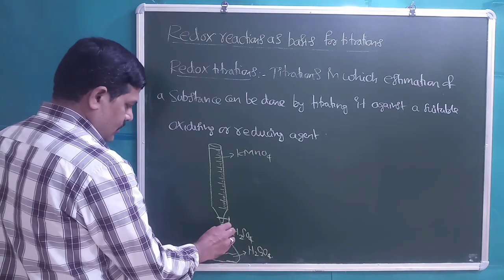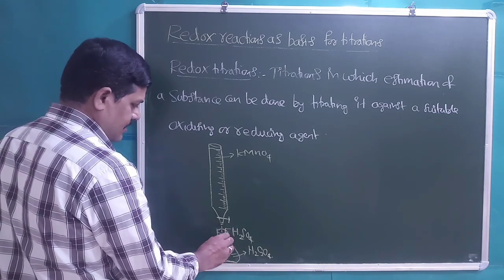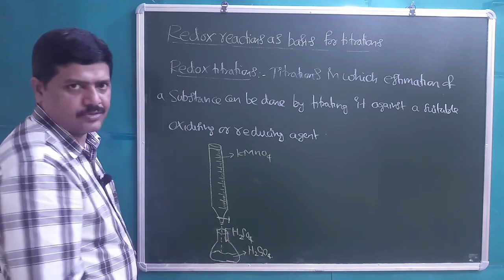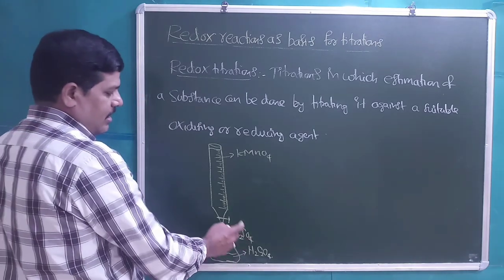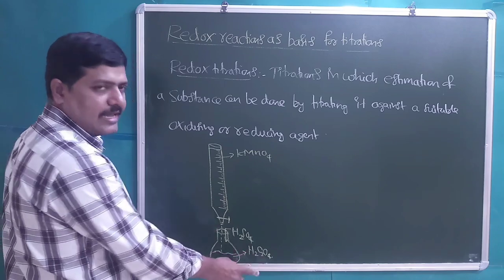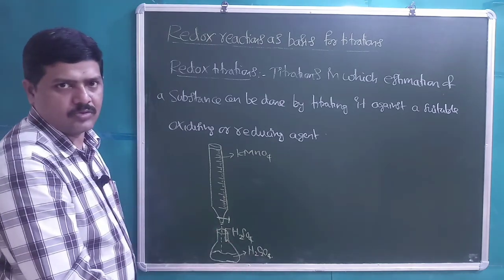Then we add the KMnO4 to the H2C2O4. Being an oxidizing agent, it will oxidize oxalic acid into CO2 gas.